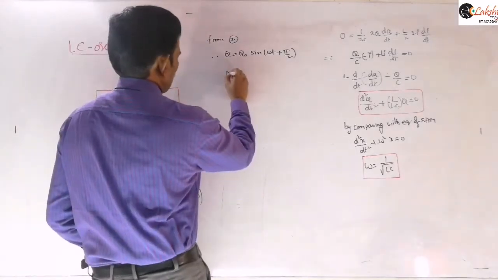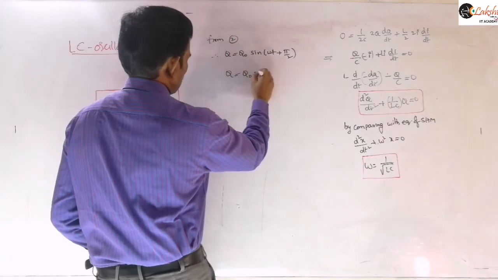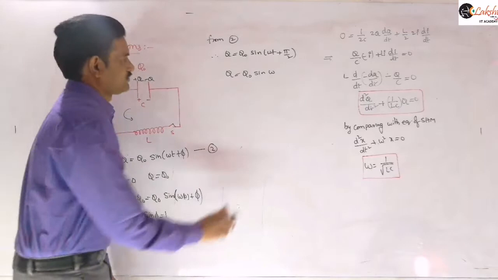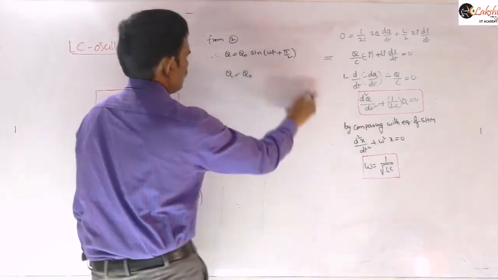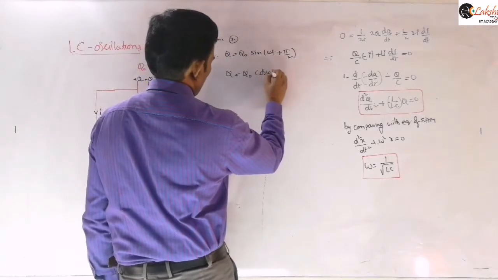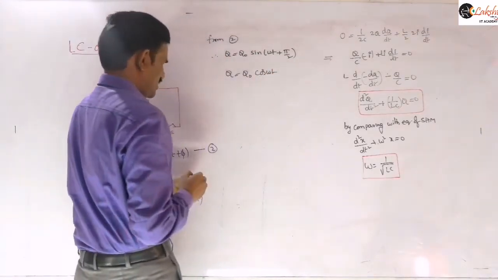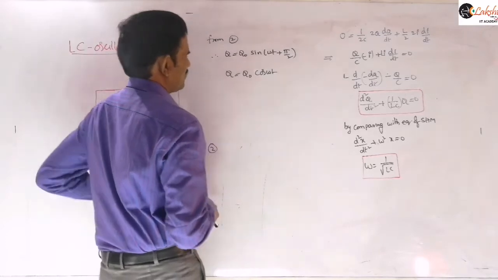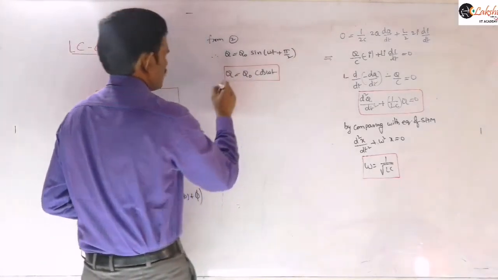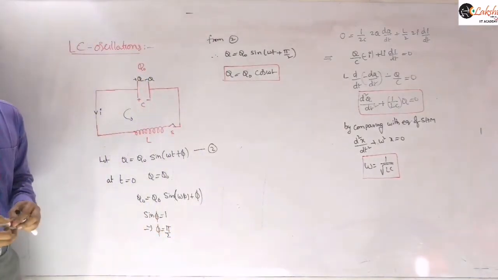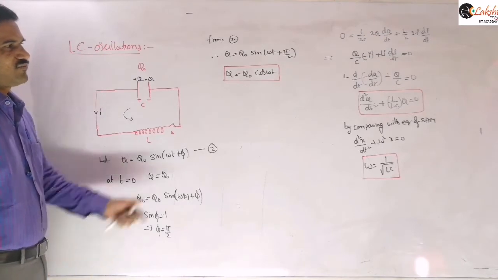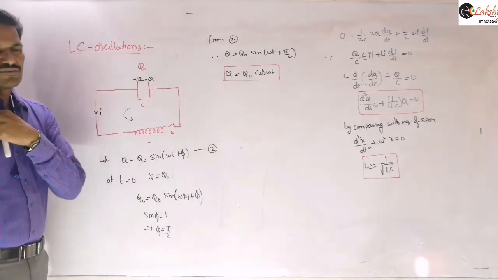Therefore q = q naught cos omega t. So that is our equation here, the charge on the capacitor at any instant of time.